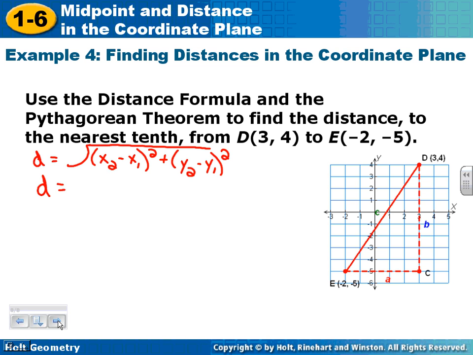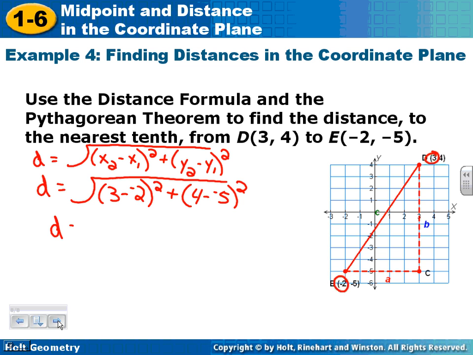So the distance is going to be big square root. The x's, let's go 3, this 3 right here, minus negative 2. Of course, you have to square it. Plus the y's would be 4 minus negative 5 squared.